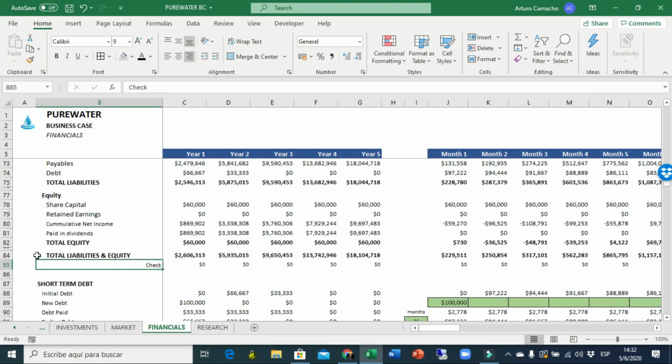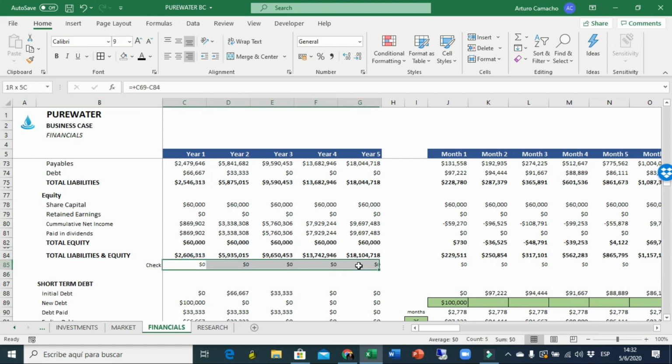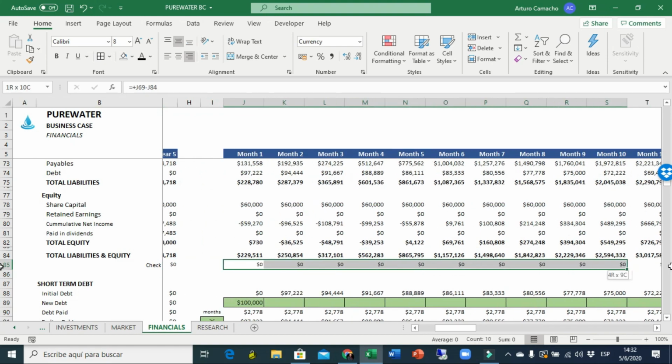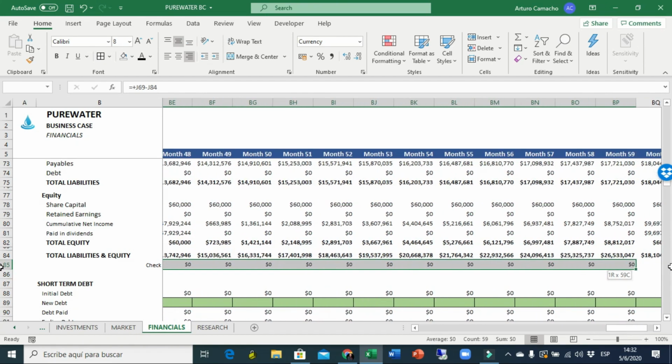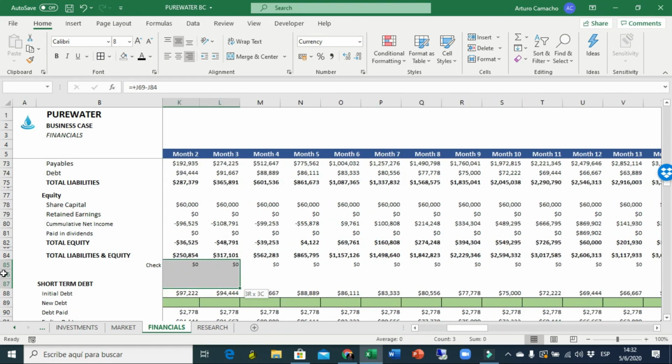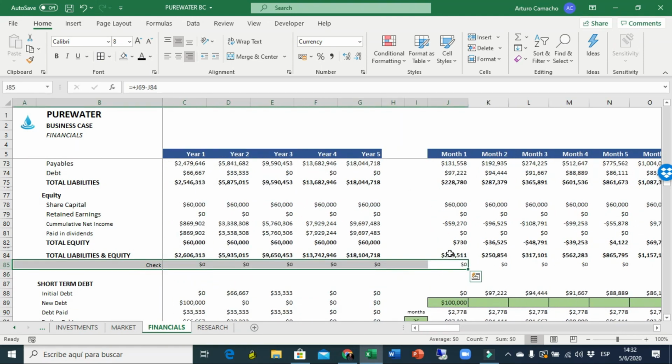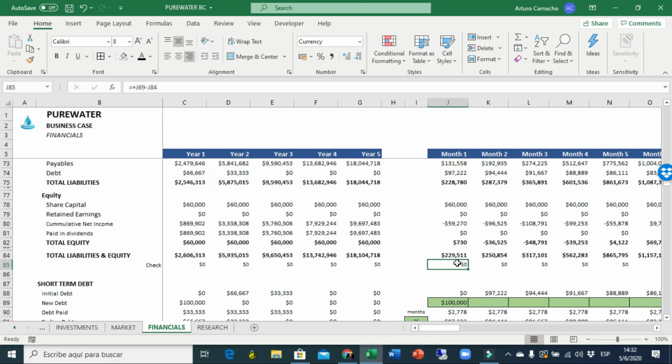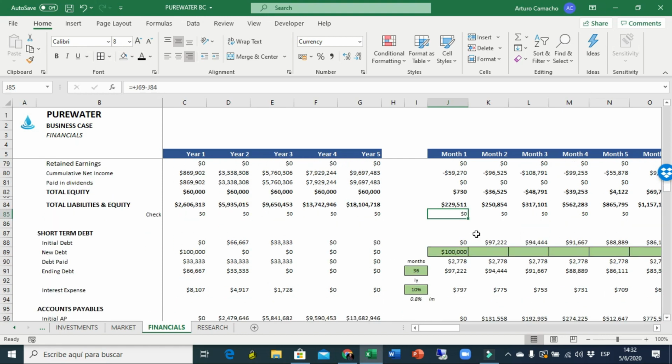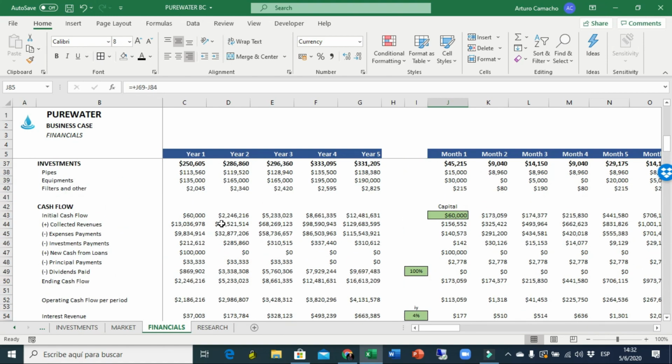Okay, so here I have a check to be sure that it perfectly balances, and of course at my first try it didn't balance. I had to correct a lot of mistakes until it balanced. Okay, so that's it. I have my whole financials.